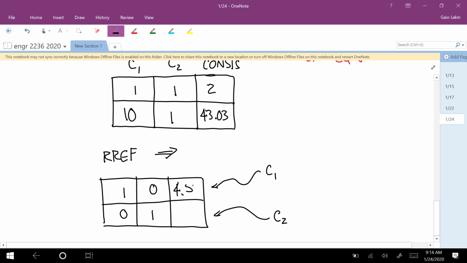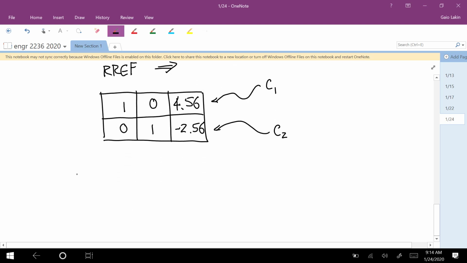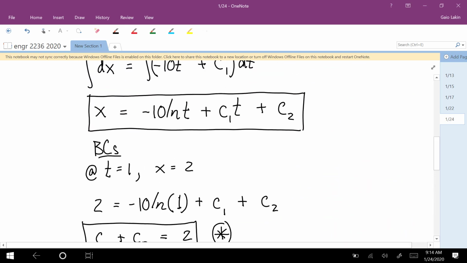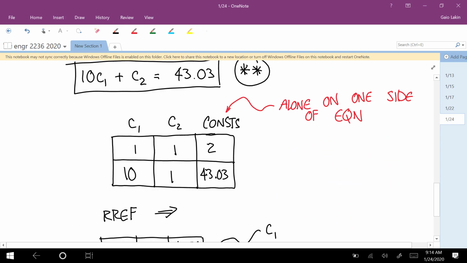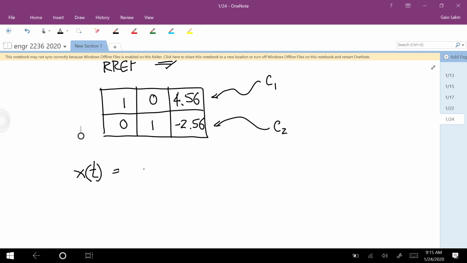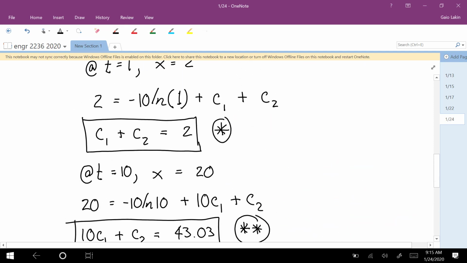Okay, 4.56, negative 2.56. And then plug that back finally into our expression for x. So negative 10 ln t plus 4.56, what was that, t?